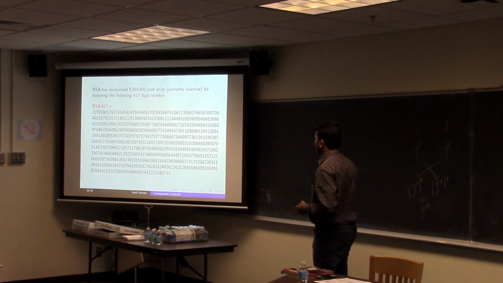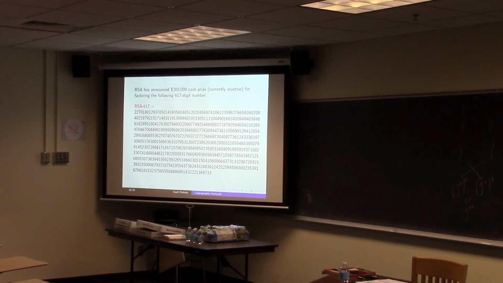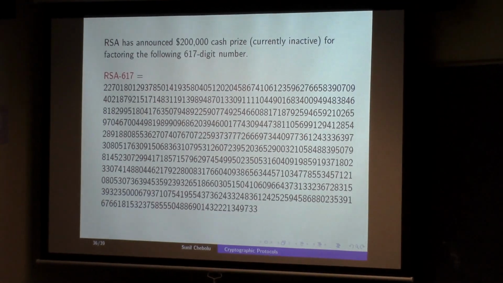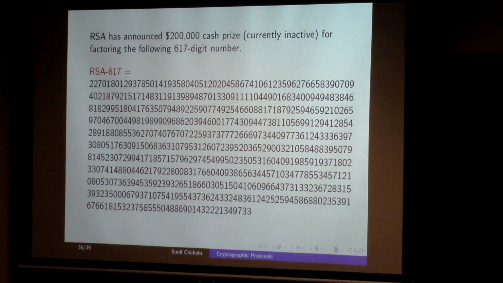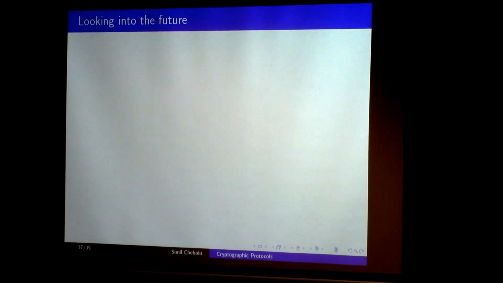It's still open. But now it's not active because the RSA folks became pretty confident that we are at least secure in the near future. There is no cash prize associated with it, but if you can crack this, you will become very famous. In particular, your name will be on Wikipedia.